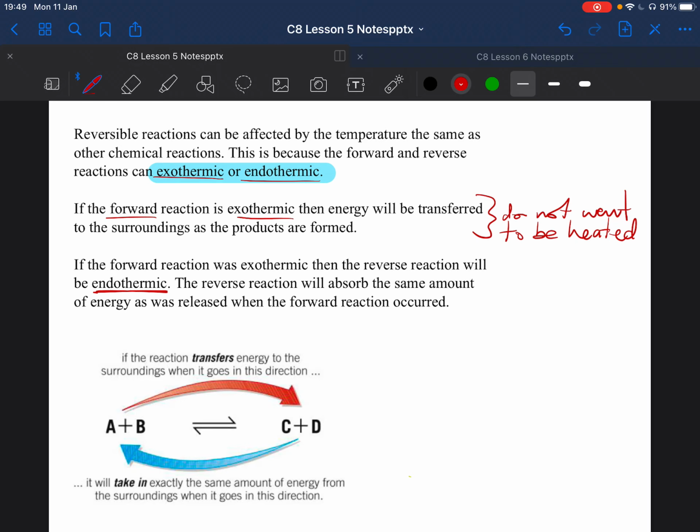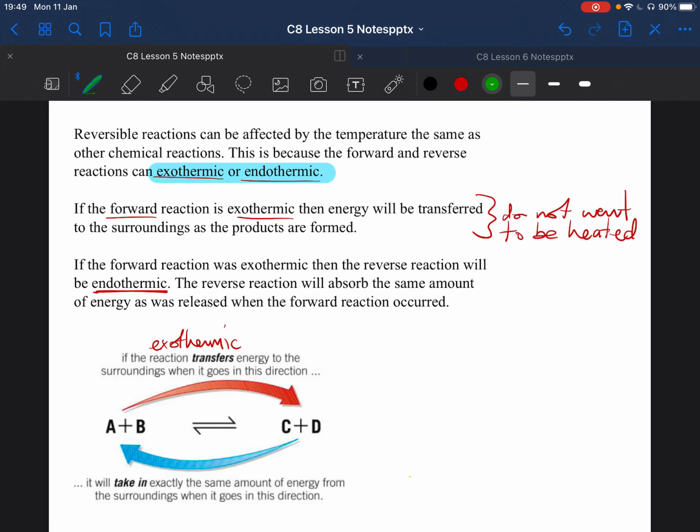So if we look at this diagram down here, we've got A plus B making C plus D, and then C plus D making A plus B. The forwards reaction is exothermic, because it releases energy as it happens, and we've denoted that with that red arrow.